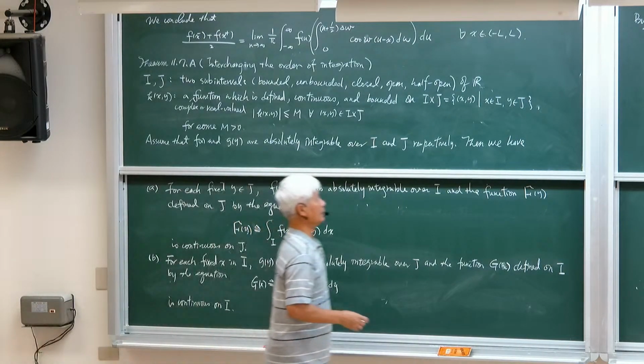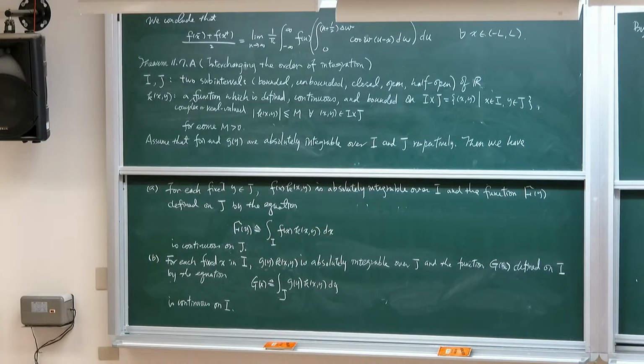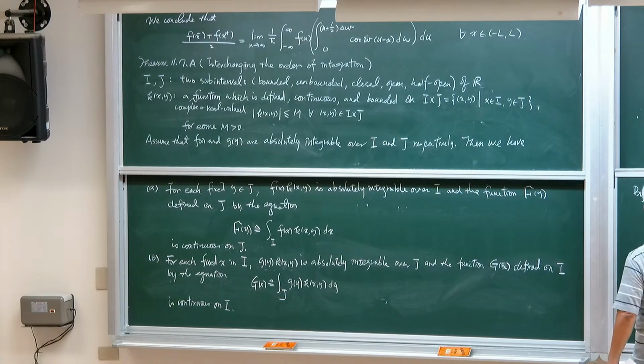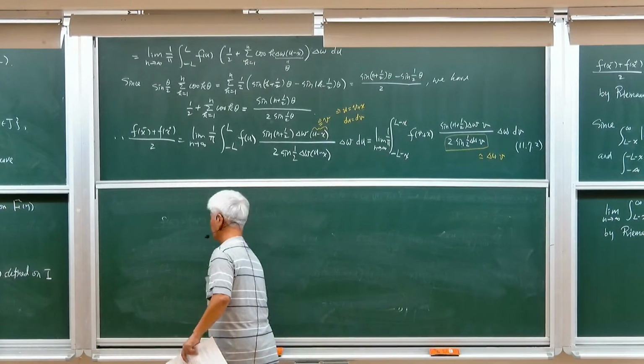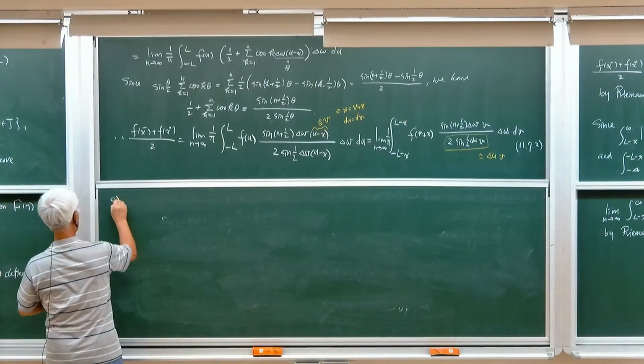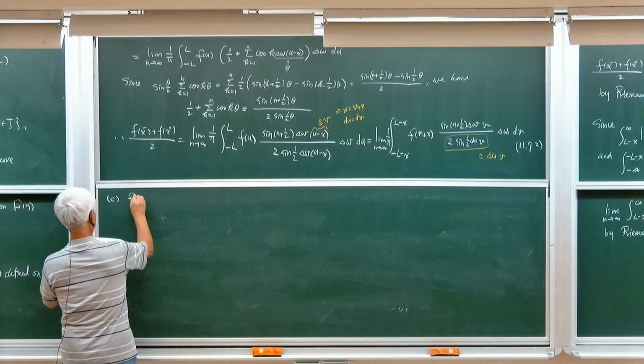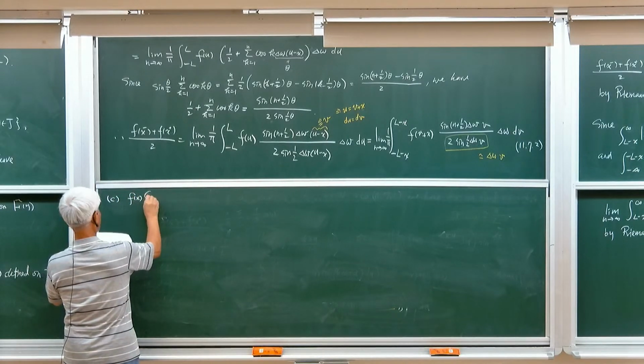All right, and then the third result. Consider f of x times capital G of x.